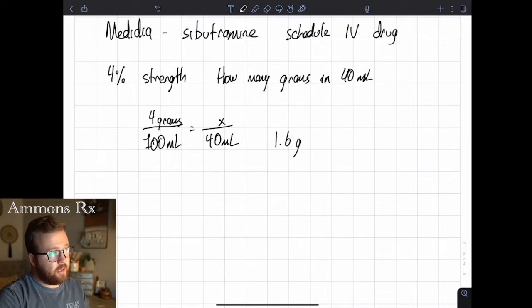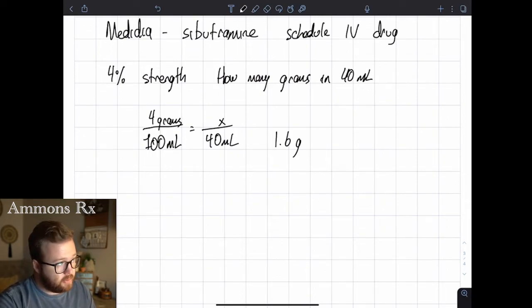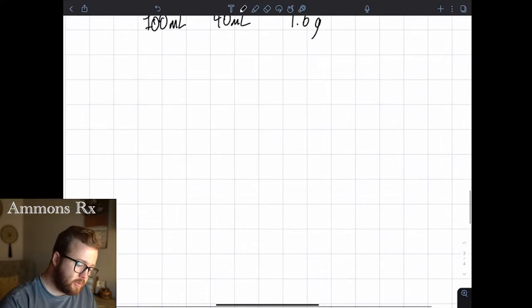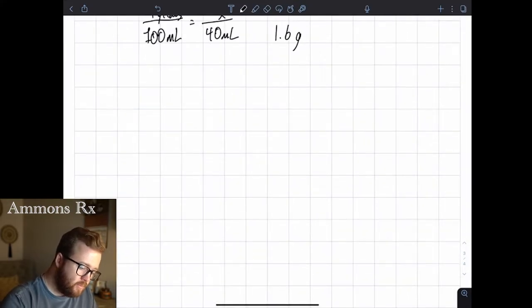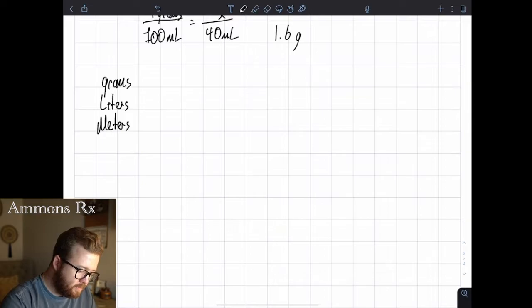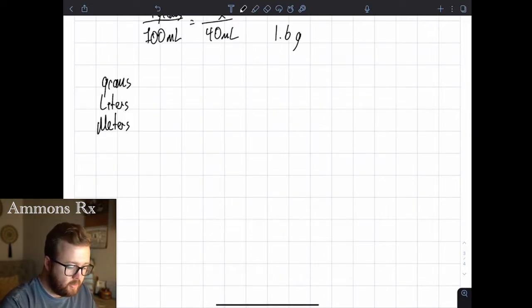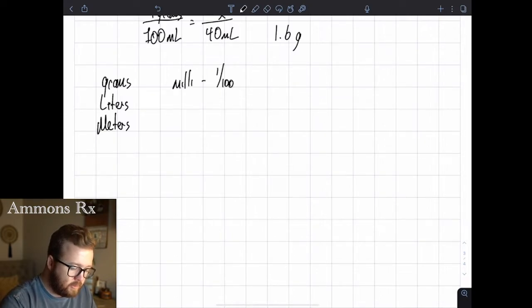I hope that you know how to do liters to milliliters. I hope you know how to do grams to kilograms. Remember, I'll just write it real quick. You have base units, grams, liters, meters, and then you have the prefixes, which change how many of that unit you have. You have things like milli, which means 1 over 1,000.